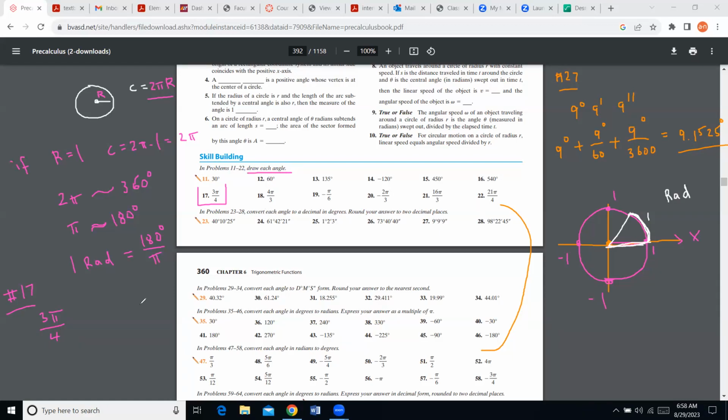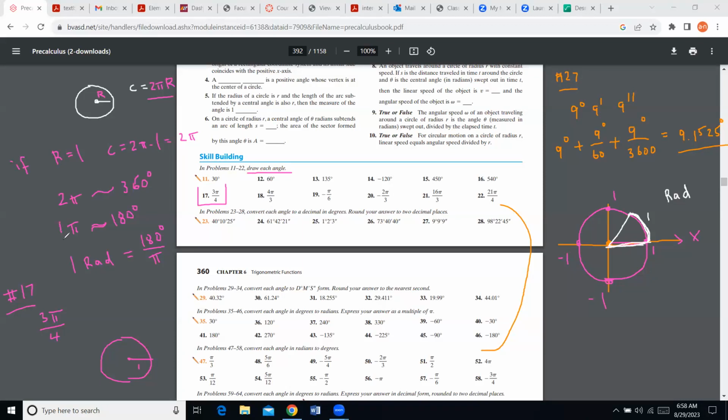So how can I possibly do this? Well, take a unit circle. So we're going to use the unit circle here, so the radius is 1. And then I need to take pi over 4.